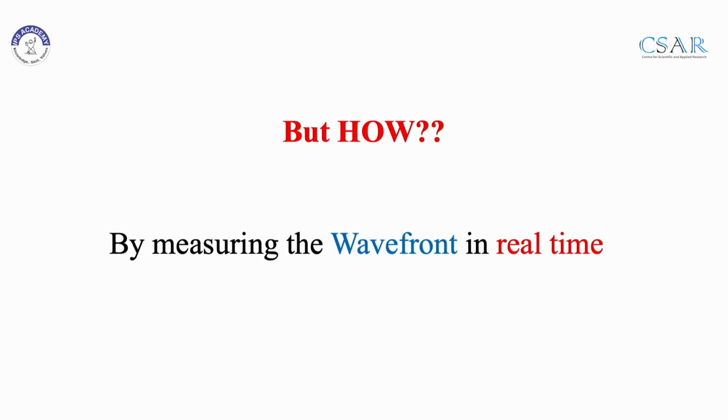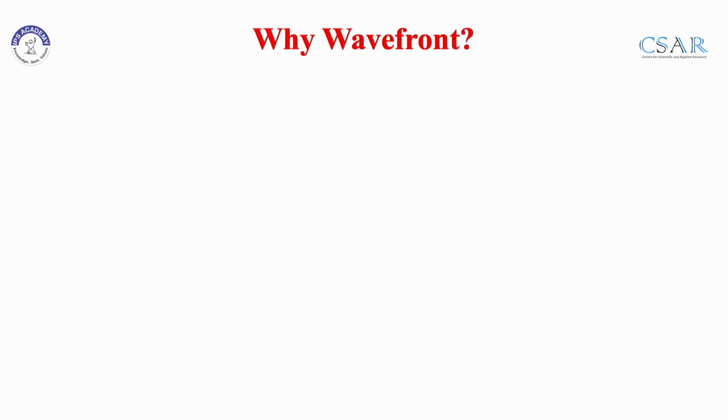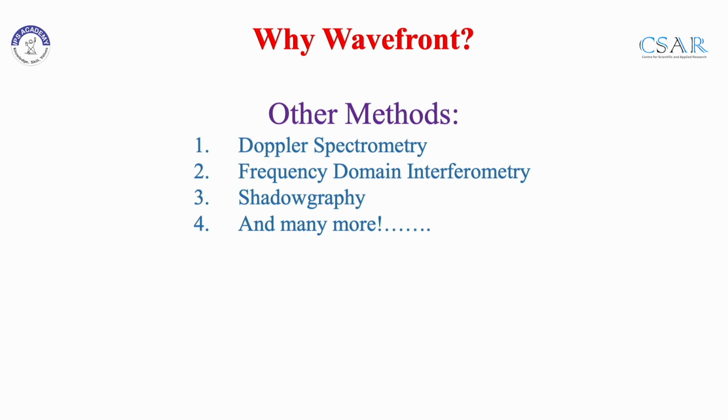We do it by measuring the wavefront in real time. Now, the first question that will come is, why wavefront, right? There are other methods by which we can probe the plasma and see what's going on inside, like Doppler spectrometry, frequency domain interferometry, cytography, and many more techniques.